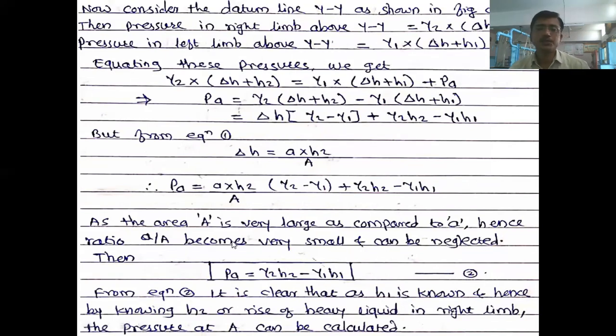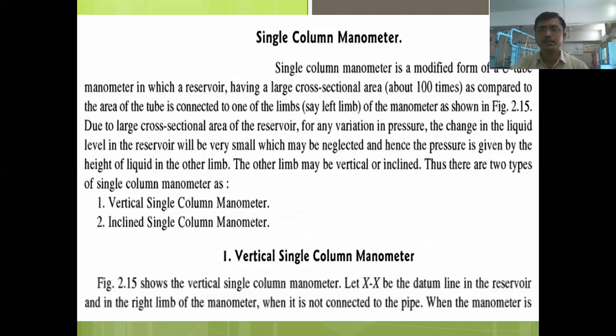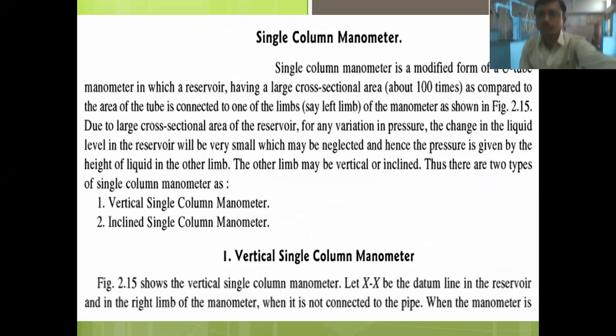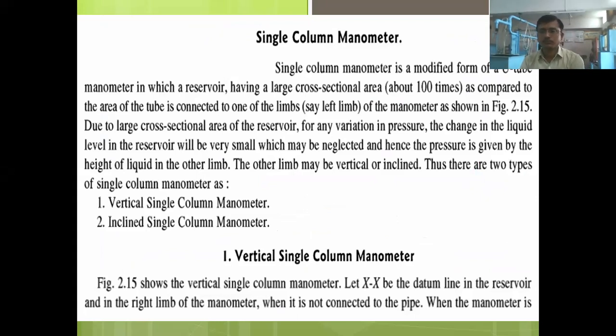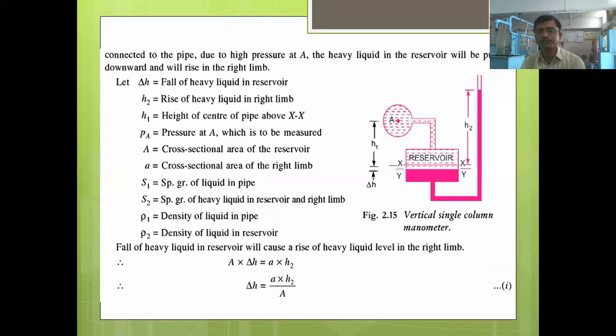You can note it down in your notebook. First of all, write down the title, single column manometer. Then write down these two types: vertical single column manometer, and second, inclined single column manometer. After that, write down the title vertical single column manometer and draw this diagram.